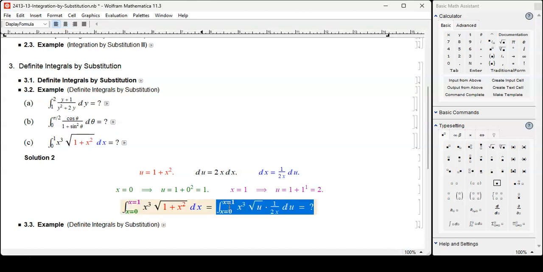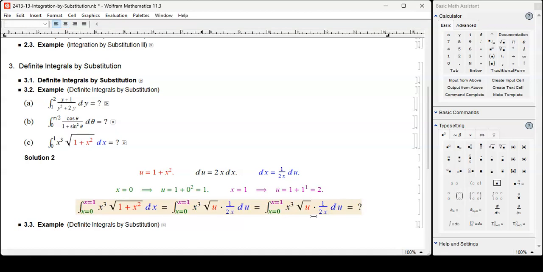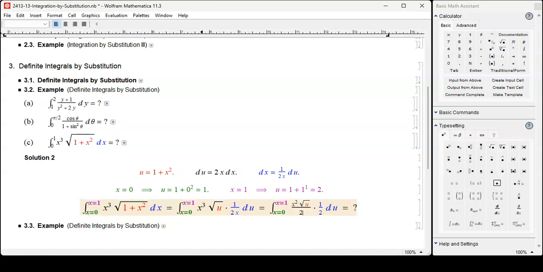So we need some further work. Okay, x squared, now this x is gone, and then this 1/2. So let's rewrite like this. Okay, but we still need some work. You see, I still have x squared here.